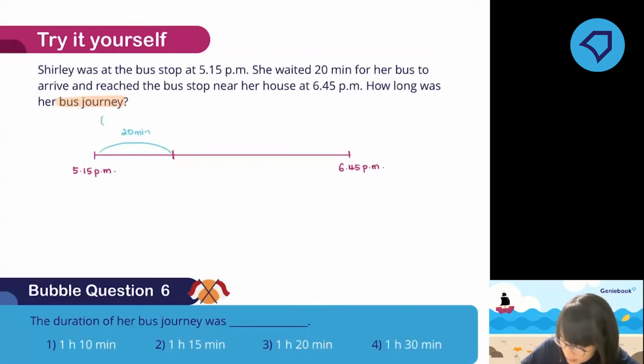This is the waiting time. So you should not include 20 minutes in the bus journey. The question is only asking for the bus journey, which means I want to know the duration from here to here only. Okay, only.